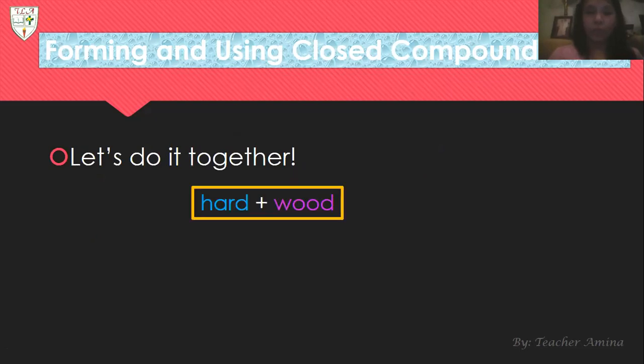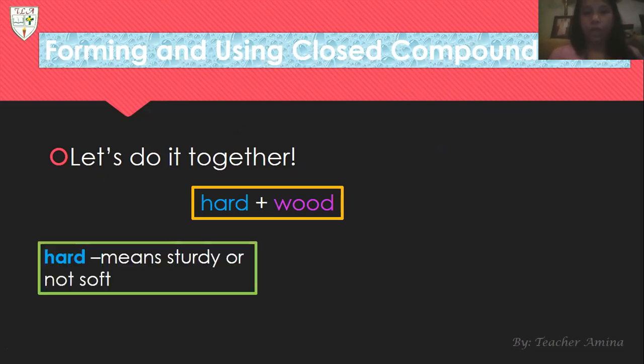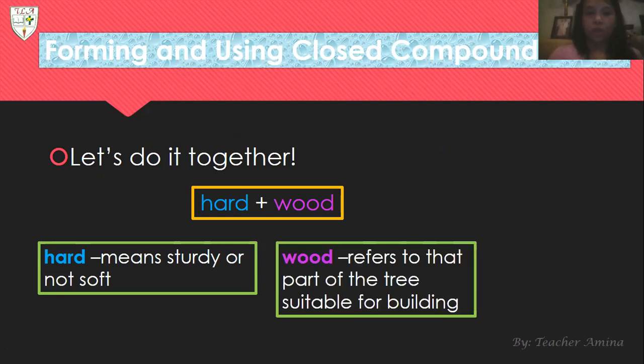For example, we have hard and wood. Hard means sturdy, something that is strong or not soft. Wood, on the other hand, refers to that part of the tree suitable for building.